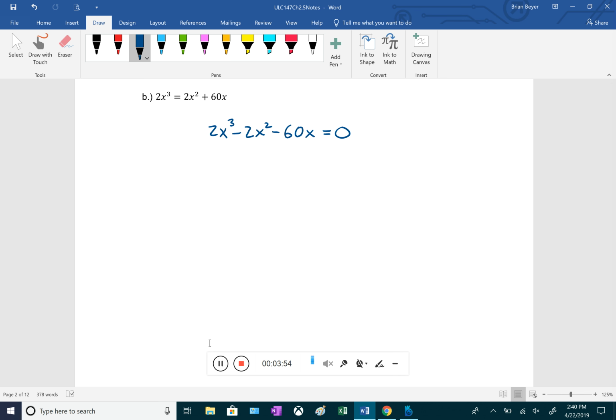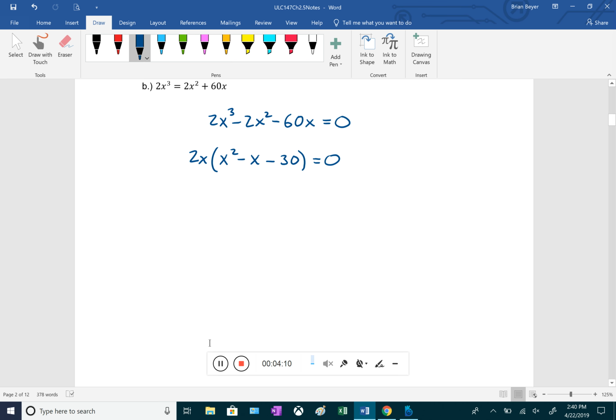Then we factor this. Once again, let's factor out the GCF, which is 2x in this case. So we factor out a 2x, and we're left with x squared minus x minus 30 equals 0. We can factor what's left over in those parentheses: 2 numbers that multiply to negative 30 that add to negative 1.